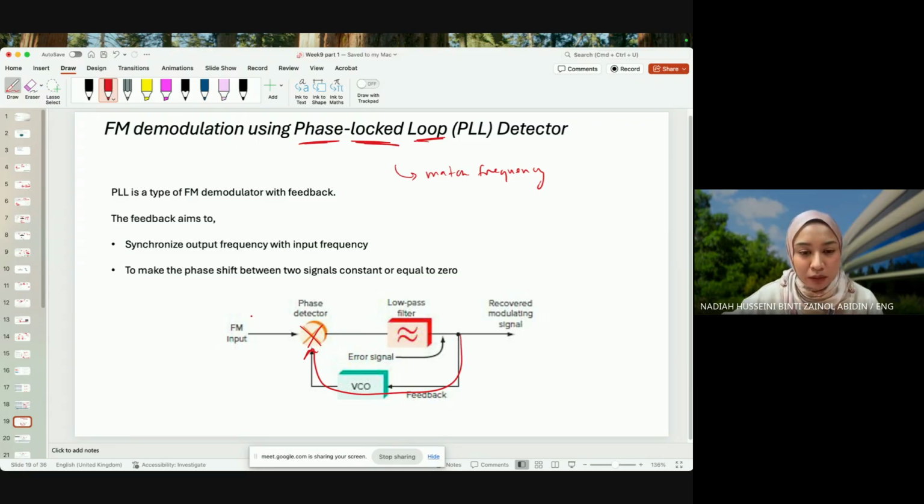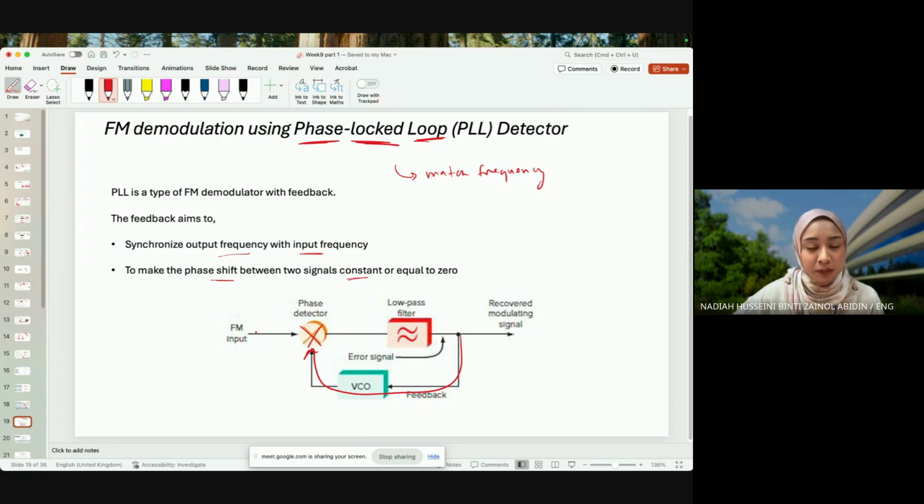Here, let's take a look at the diagram. PLL is a type of FM demodulator with feedback. The feedback aims to synchronize the output frequency with the input frequency and to make the phase shift between the two signals constant or equal to 0. This is the diagram.